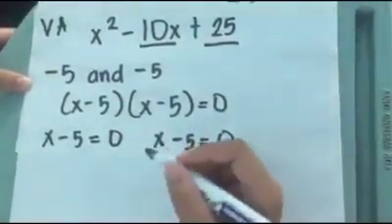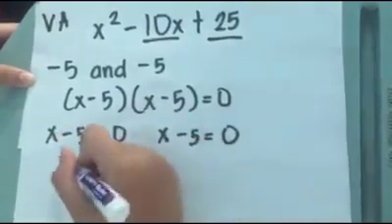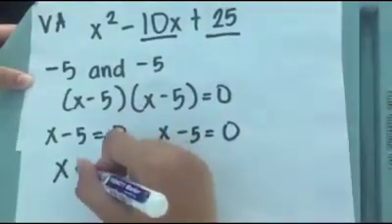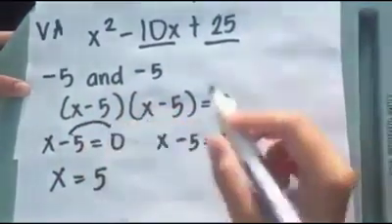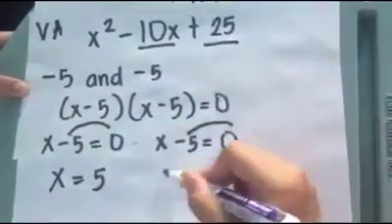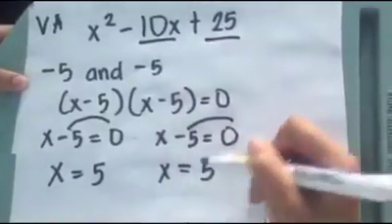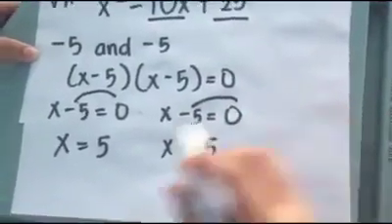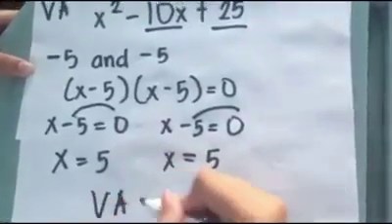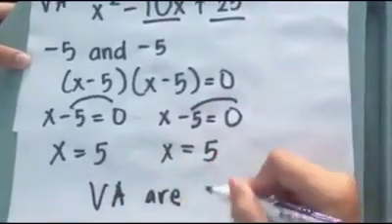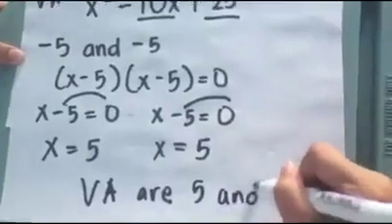Transpose negative 5 to the other side, it will become 5. So the vertical asymptotes are 5 and 5.